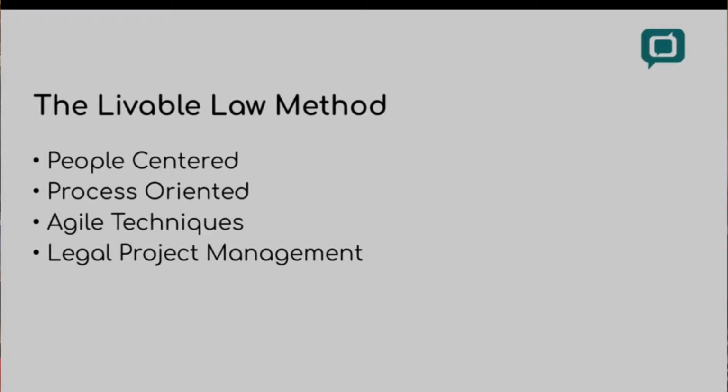So I took Agile Project Management and I developed a course and a book and an approach that uses that iterative project management system and applies it to the law. The Livable Law Method is people-centered. It is process-oriented. It uses agile techniques, and it is legal project management.